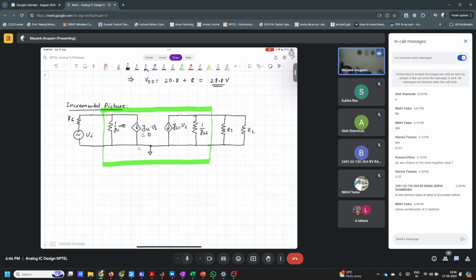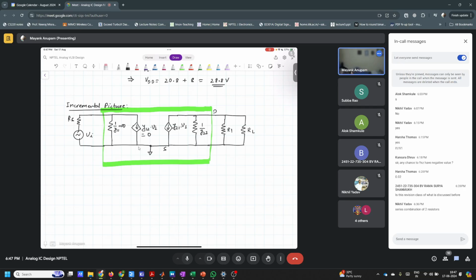So this guy here, this is VO, small signal VO. This is VI, and you can also name it as VD if you want to. VDS. This is S. This is VD. So this is basically drain.